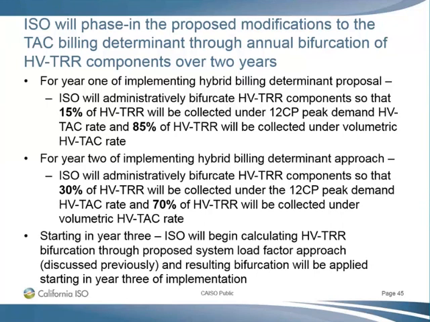There are critiques that this is going to create a cost shift between one UDC area and another, depending on how much DG there is. But that's true of the 12CP hybrid approach too, right? If you have behind-the-meter resources, you're going to be shifting costs around. It doesn't purely reflect historical cost drivers, but that's also true of the hybrid approach.